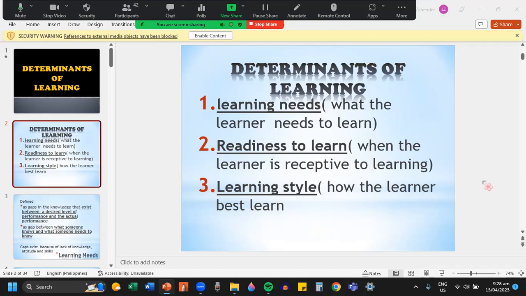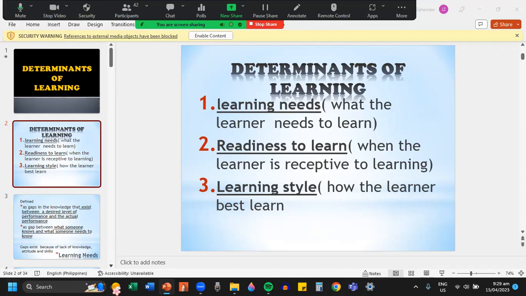This differs among all students. No two students are the same when it comes to learning styles. You're going to find that out in the next few slides.